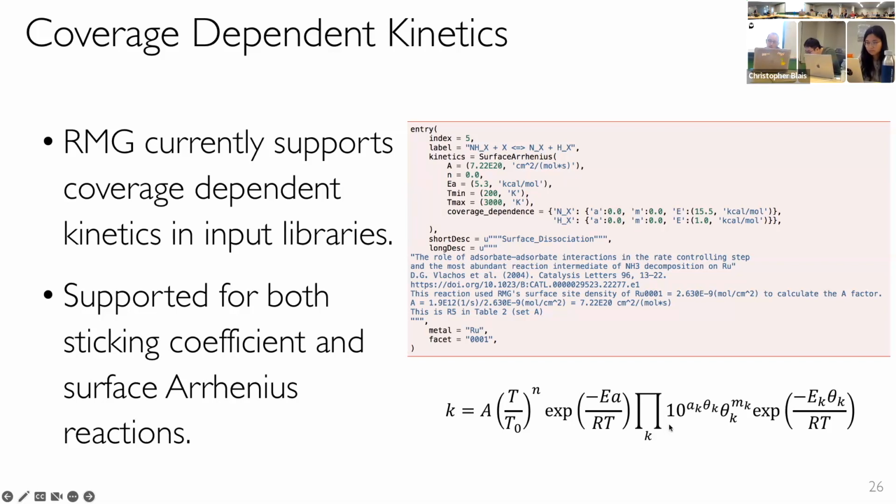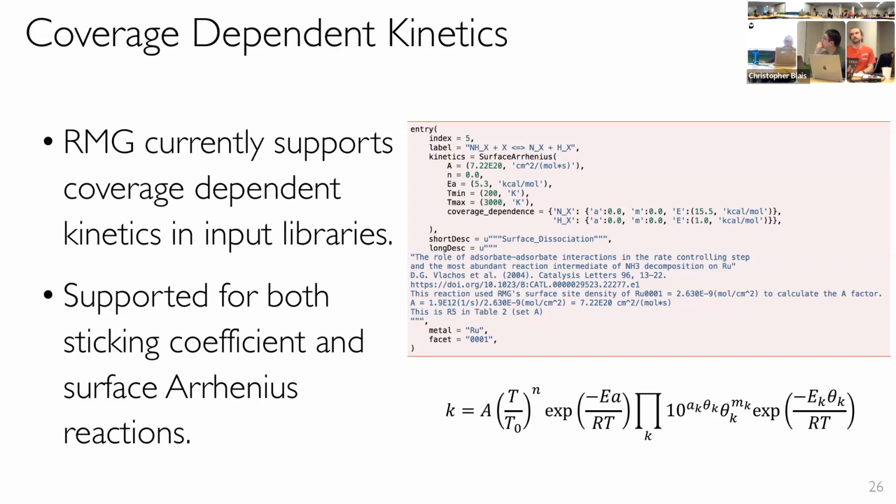You'll have modifiers for the A factor, the temperature exponent, and the activation energy. The way those are specified is using this coverage dependence expression. You can specify it for NX, HX, if you have them within your mechanism, and you can specify in a dictionary what you want for your A factor modifier, temperature exponent modifier, and activation energy modifier.